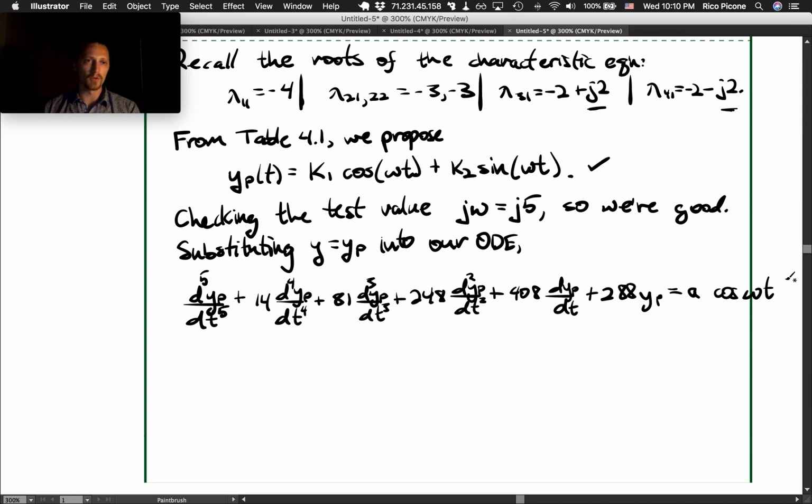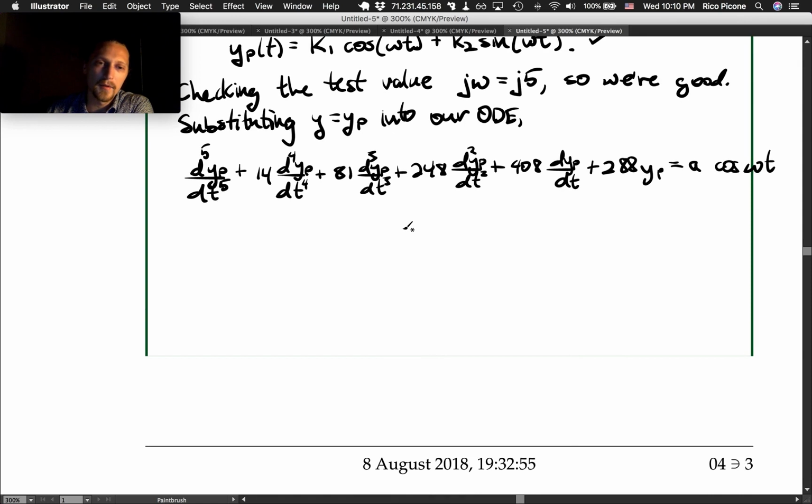So that's our substitution, or step 2. And we actually need to put in the yp that we proposed explicitly, right? In order to do that, it's easiest to compute the time derivatives separately. So let's go to the next page for this, but I'll write it here.